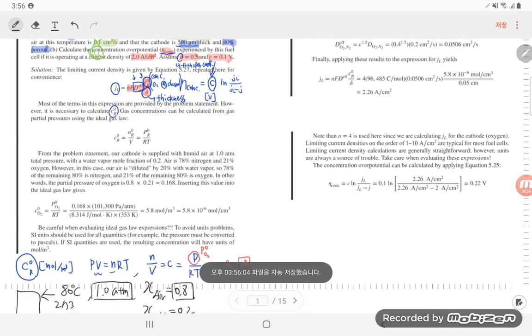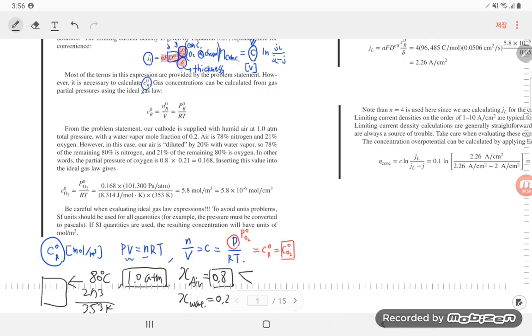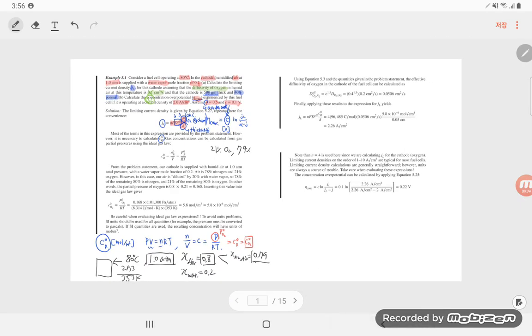So we assume that the composition of this air is 21% oxygen, and the remaining is 79% nitrogen. Then xN2 in air is 0.79, and xO2 in air is 0.21, so we should multiply 0.8 times 0.21.